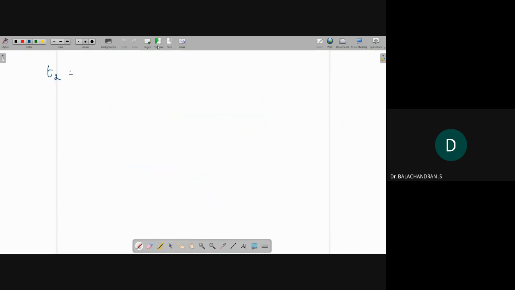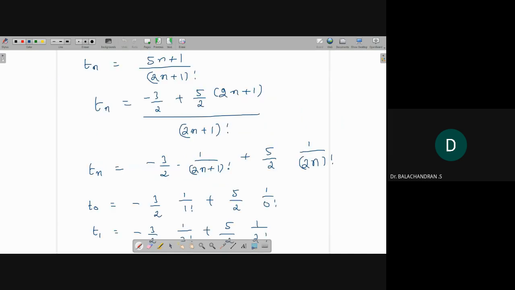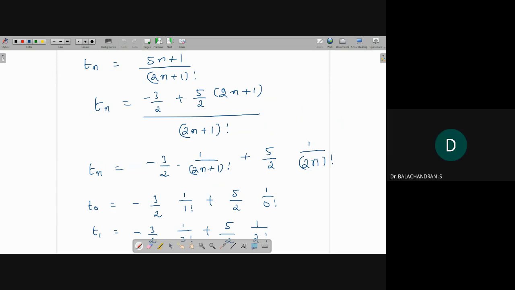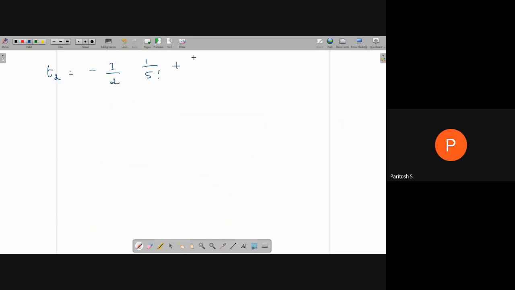Minus 3 by 2 is common, 1 by 5 factorial plus 5 by 2 into 1 by 4 factorial. We will write one more term. T3 equal to minus 3 by 2 into 1 by 7 factorial plus 5 by 2 into 1 by 6 factorial. Okay, thank you, Paritosh.